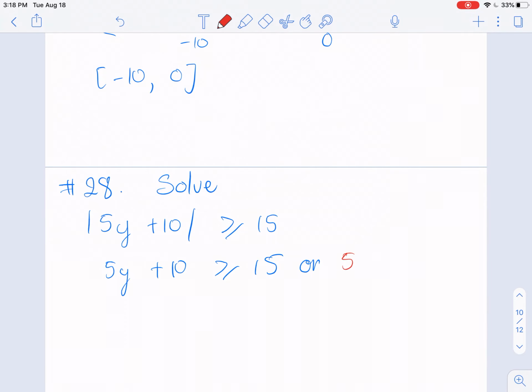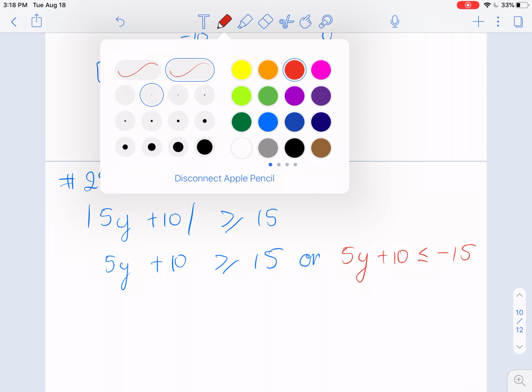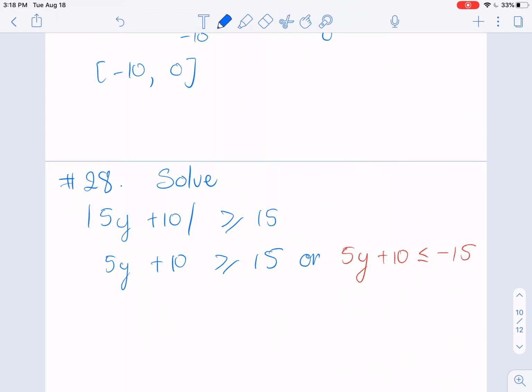So we have 5y plus 10 less than or equal to negative 15. So you change both and then you just solve them. So right here I have 5y with minus 10. So it's 5. So y greater than or equal to 1.